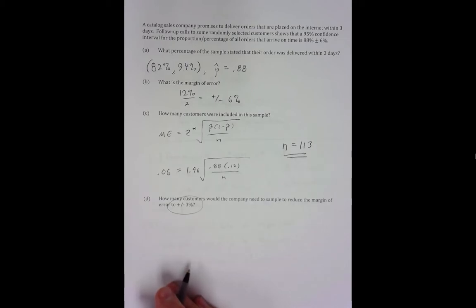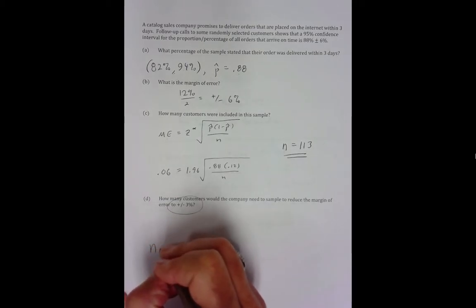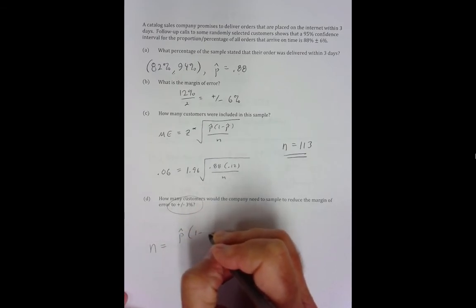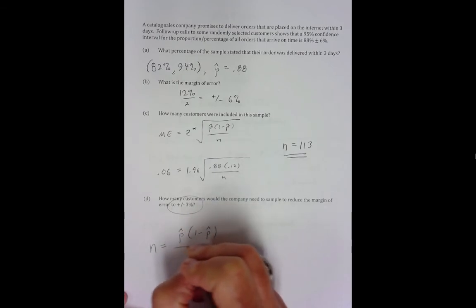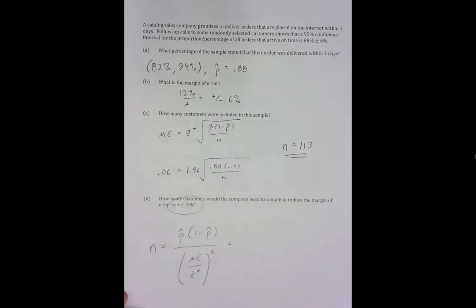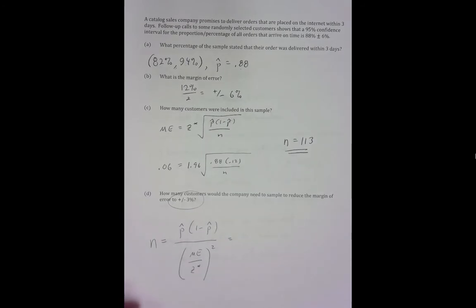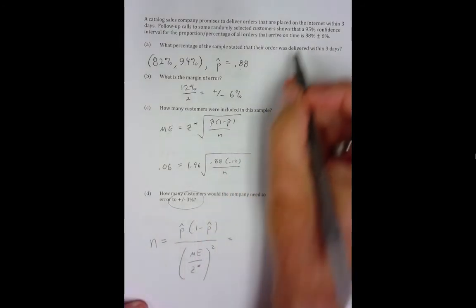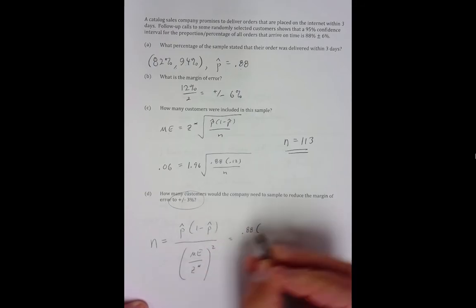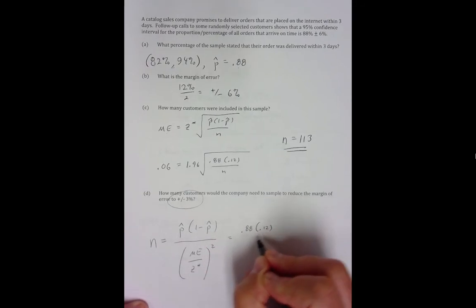Well, guys, I just showed you that the sample size for these types of problems can easily be found using this formula. So let's use it. P hat, 0.88. 1 minus p hat, 0.12.